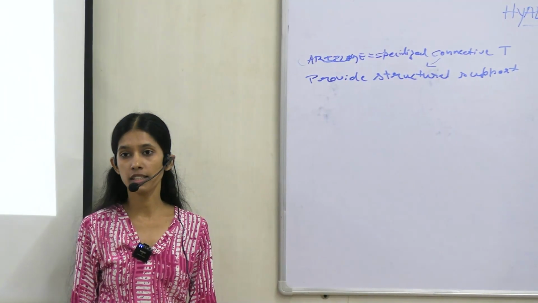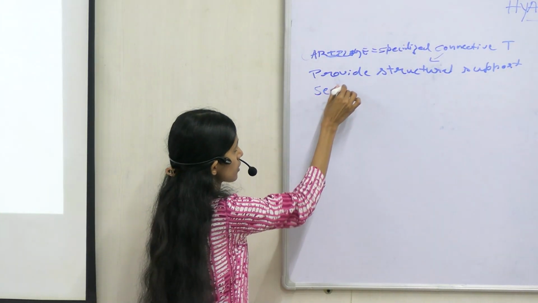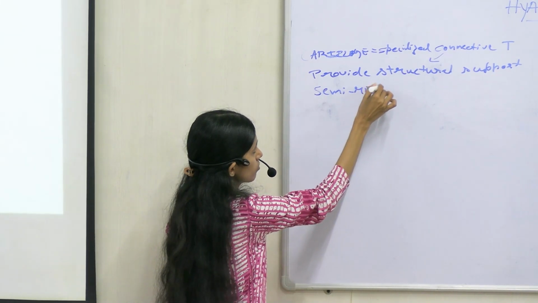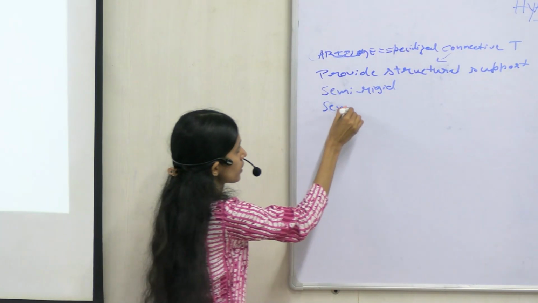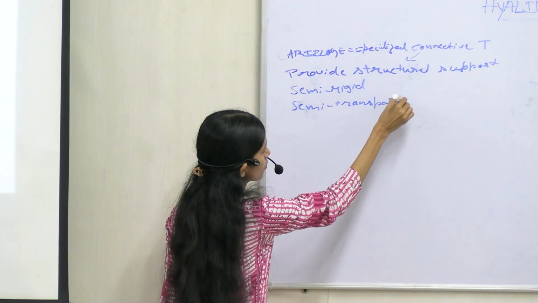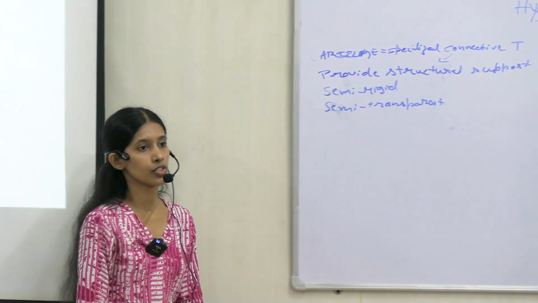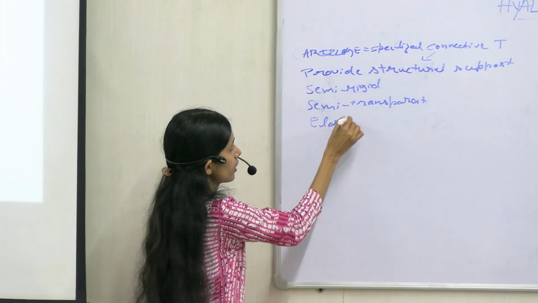The other characteristic features of cartilages are it is semi-rigid. It is also semi-transparent. Cartilages are generally elastic in nature and they are also very flexible.